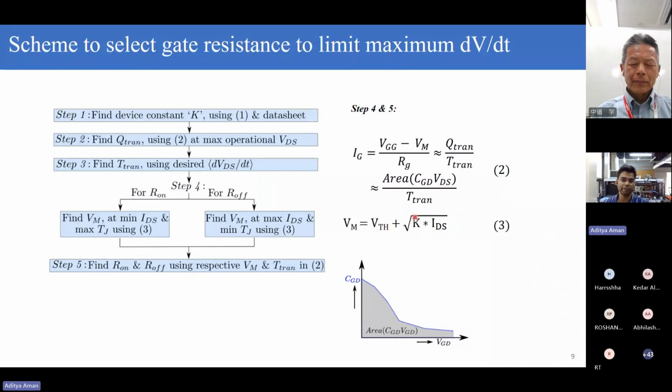We have already evaluated the value of K, so the other points here are known to you. That is, Vm for the turn on transition has to be evaluated at minimum IDS and maximum Tj. And for turn off, the operating point can be used to figure out the value of Vm. Now, if you have the value of Vm, you can figure out the value of Rg by plugging it in this particular equation.